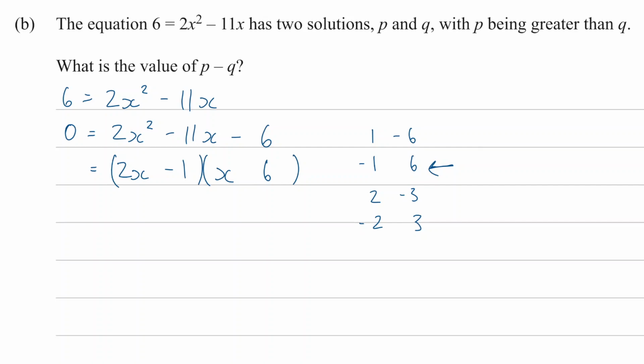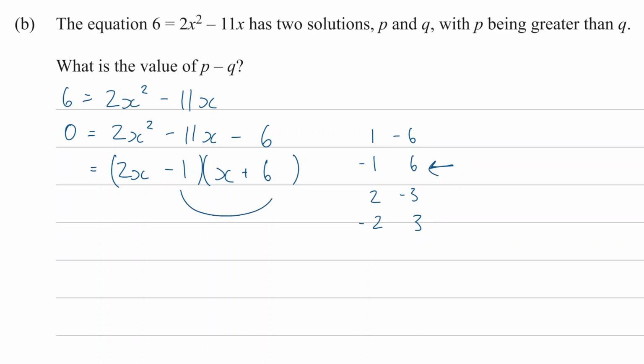If we were to expand this out, we would get 2x squared plus 12x minus x minus 6. Which looks similar to what we started with, but instead of a negative 11x, we have a positive 11x after we combine those two terms. So that's not right.